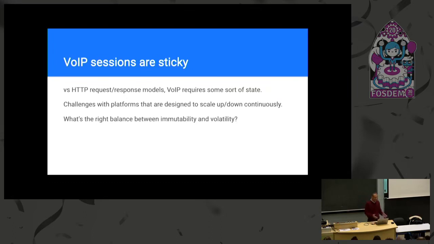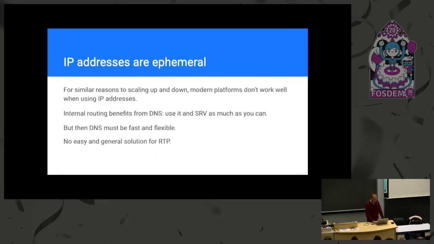And this doesn't cope well with an architecture that adds components, but at the same time can remove components, which may be even more tricky. So you need to find a balance between the immutability of the state of the calls, but also the volatility of the components that are providing the service.